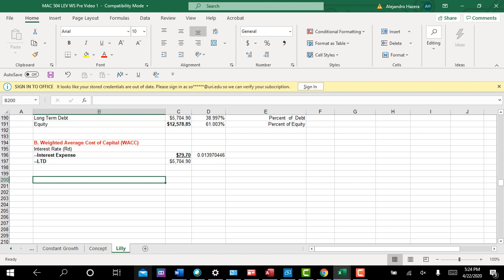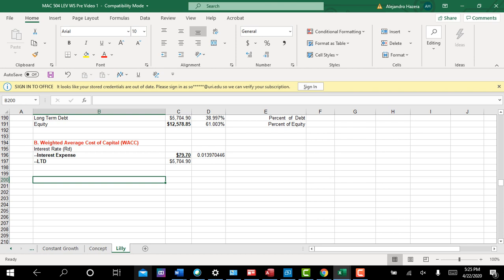So what this means is that in this case, the cost of equity will be about 60% of our weighted average cost of capital, or 61%, and the cost of debt will be about 39%. Okay, so let's go down here and see where we can go from here.